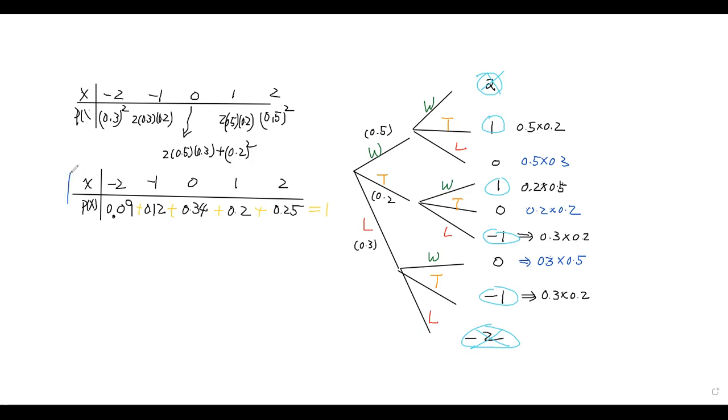So this is the PMF for my X here. Okay, all right, that's it. It's a pretty easy one, and it's a fun one also. So don't forget, the last thing you want to check is that all the probabilities add up to 1. If it's not, that probably means you made some mistake along the way.